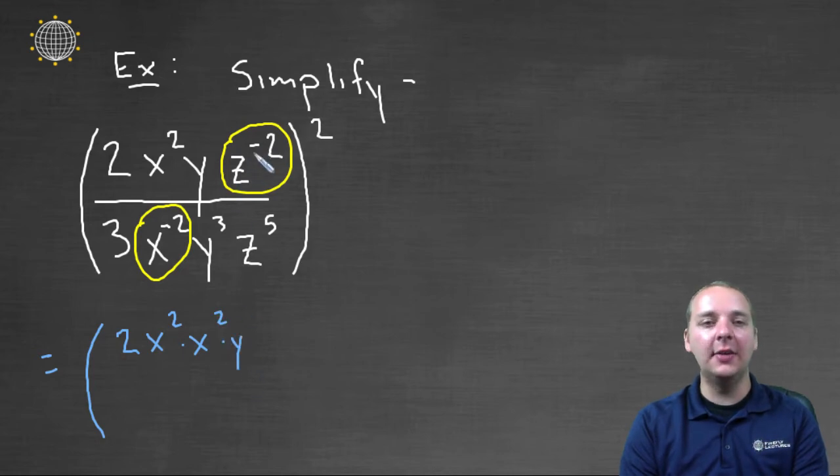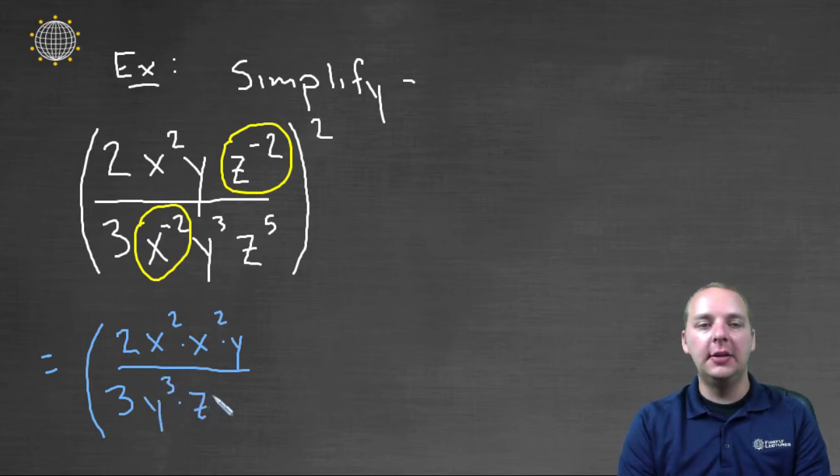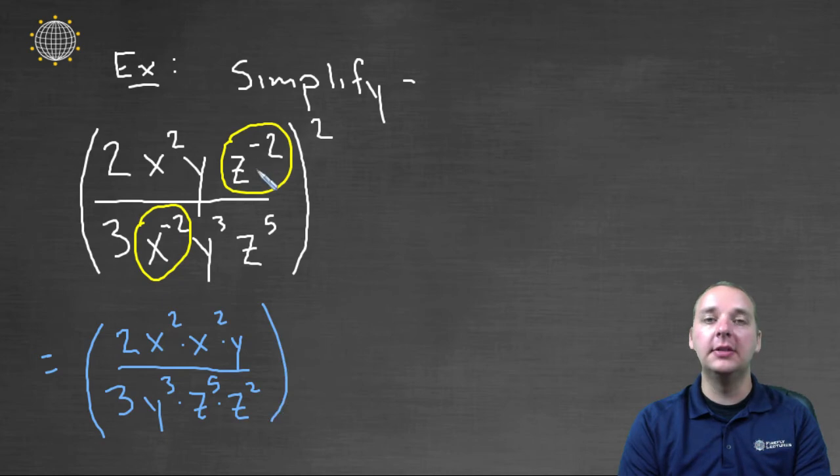And this z to the negative 2 will be gone because it's going to go to the denominator. And then in the denominator, we'll have 3. This one has been moved already up to the numerator. y to the third, z to the fifth, and then z to the positive 2 because of this z to the negative 2 in the numerator. And then we have to square everything.